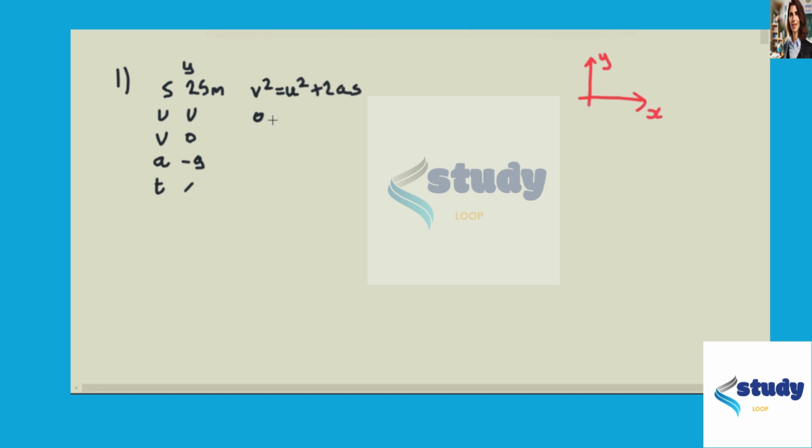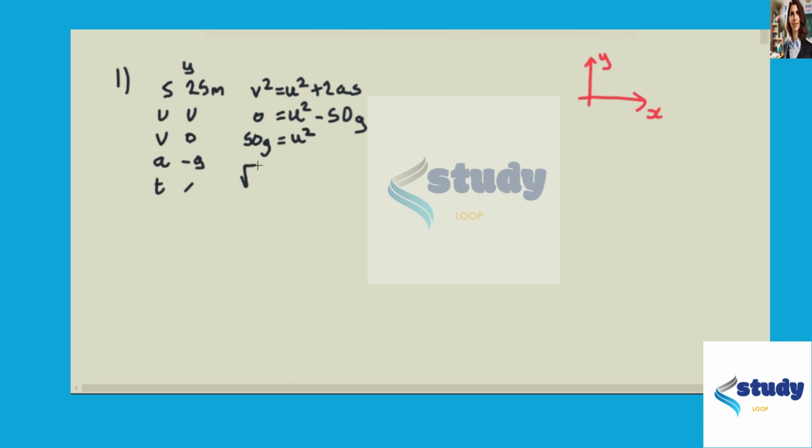And so we use our kinematics equation, v squared is equal to u squared plus 2as. So this gives us 0 is equal to u squared minus 2 times 25, which is 50, so we've got 50g. And this is all nice. So the next thing we're going to do is take 50g over to the other side, and this is equal to u squared.